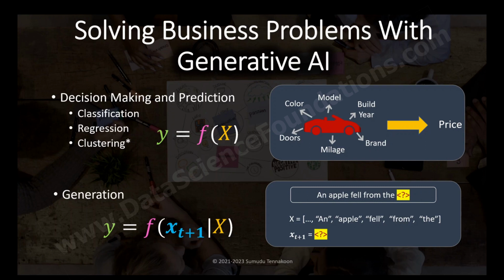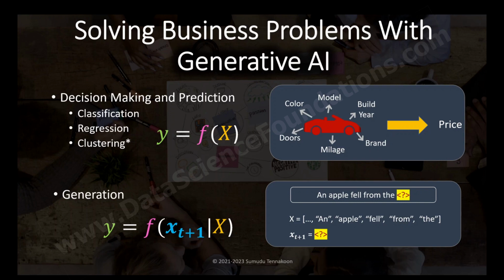An is the first word, apple is a word, fell is a word, from is a word, the is a word, and then the blank. So we have 5 different words or 5 items in this sequence. An apple fell from the. That is the last item of the sequence, and we should predict what should come next.